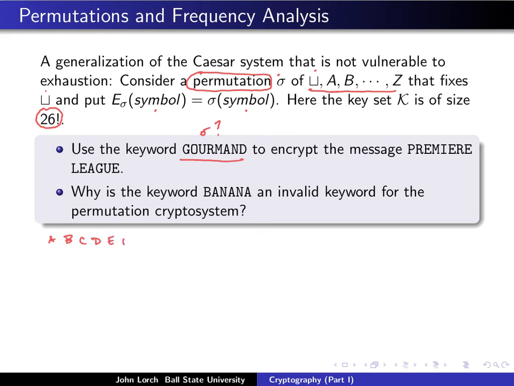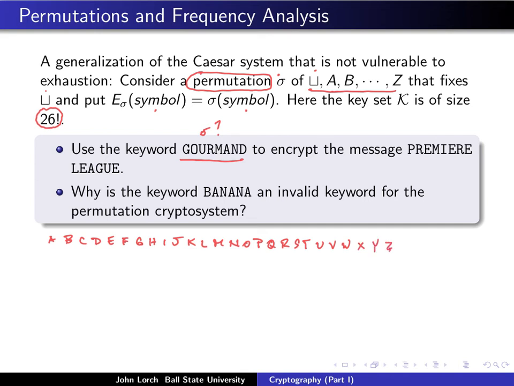E, F, G, H, I, J, K, L, M, N, O, P, Q, R, S, T, U, V, W, X, Y, Z.